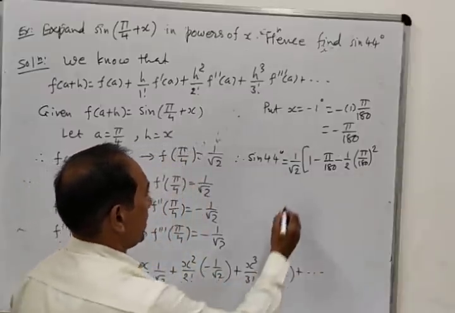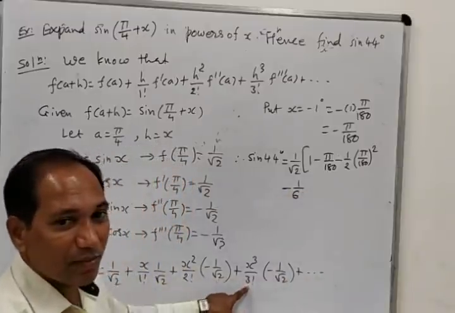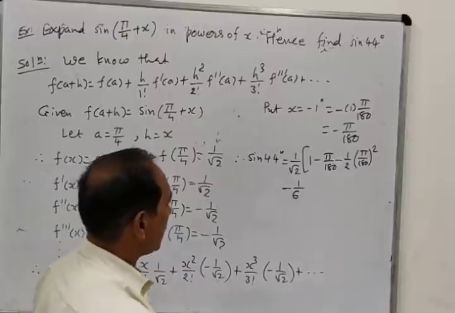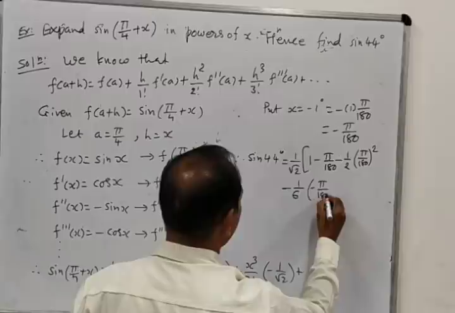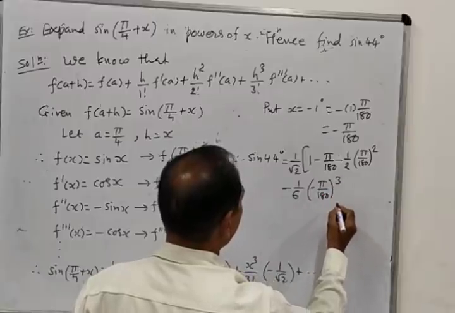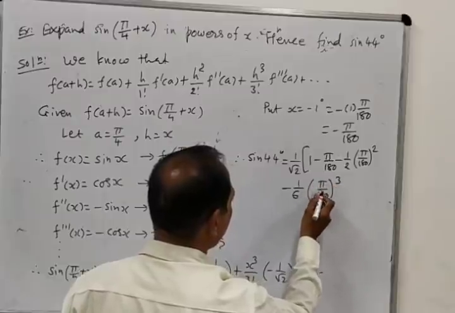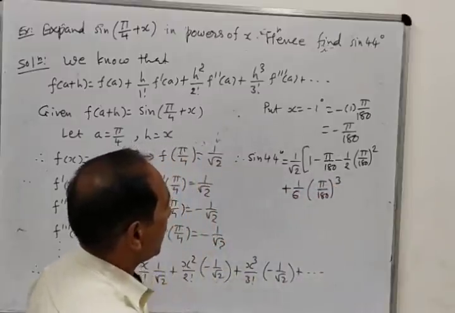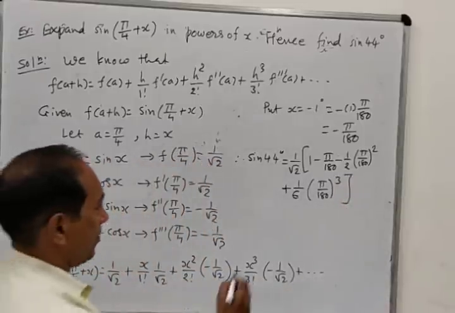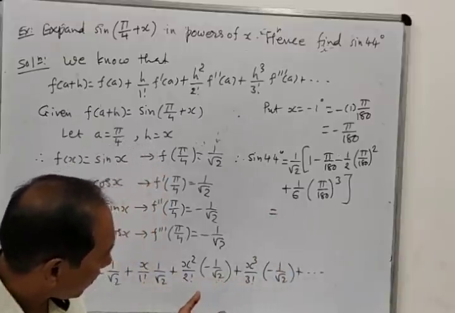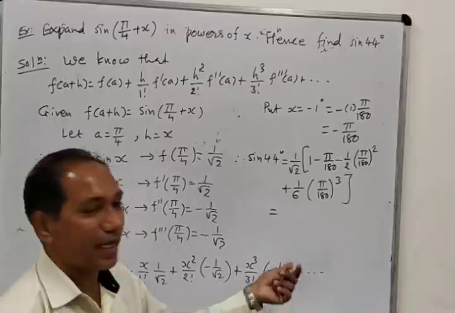Here again it is minus, so minus 1 upon 3 factorial, meaning 1 upon 6, since 3 factorial is 1 into 2 into 3. And it is nothing but minus pi by 180 whole cube. The minus sign will come outside, so it will become plus. Then we will not write dot dot dot, because here we want to find the value of sin 44 degrees by putting the value of x, and we have a limited number of terms in the expansion.